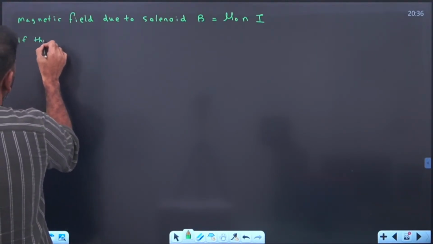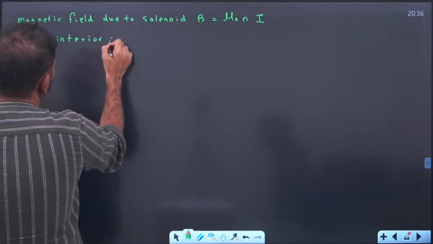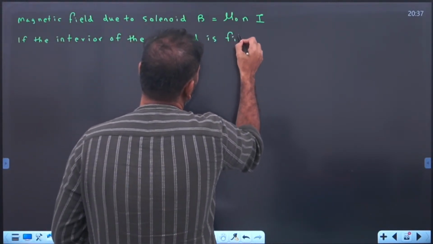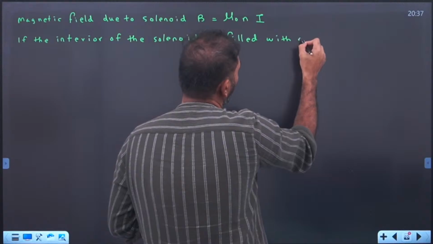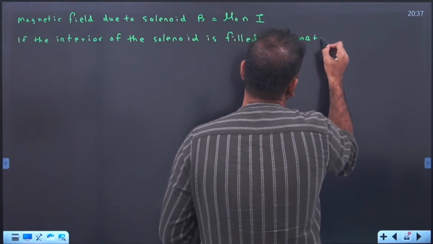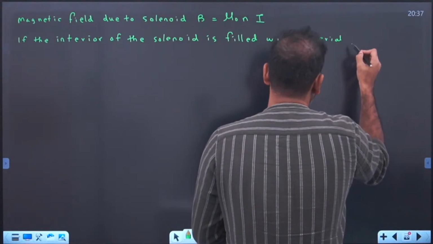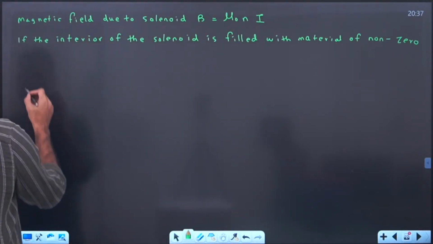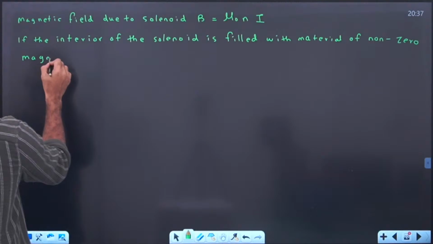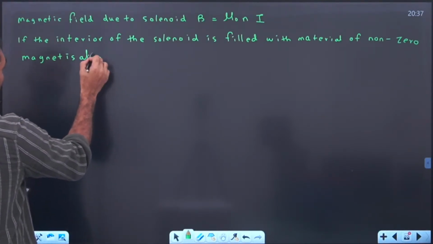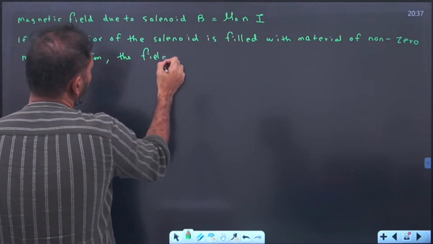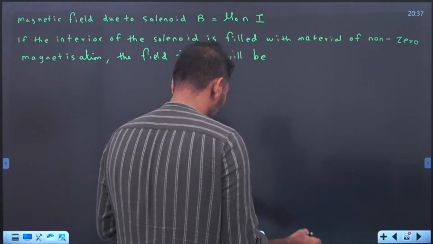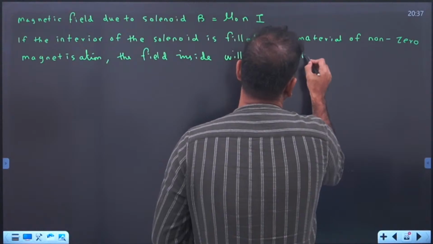If the interior of the solenoid is filled with a material of non-zero magnetization, the field inside will be greater than B0.